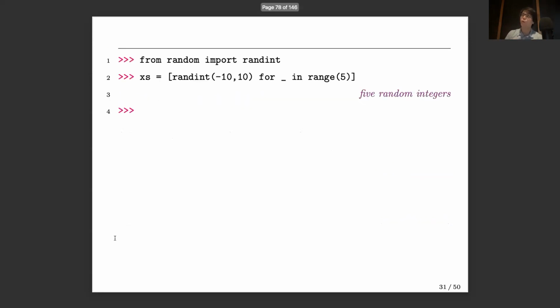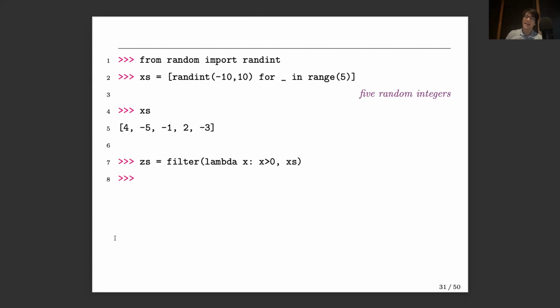Of course, that's not how it works in practice. So if I just generate a bunch of random numbers, so this is going to be 5 random numbers from -10 to 10. Here's x's. Here are my random numbers. And then I can say filter, lambda x goes to x greater than 0. That's the realization of, is positive.